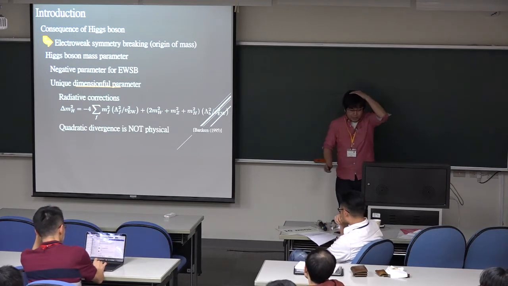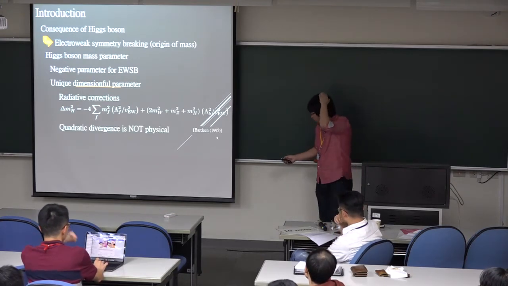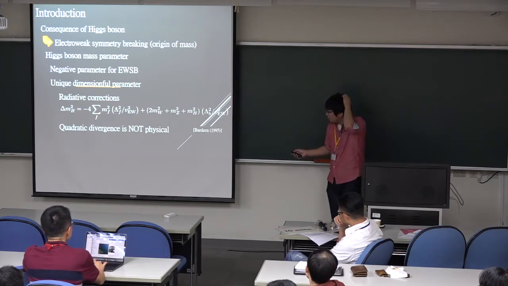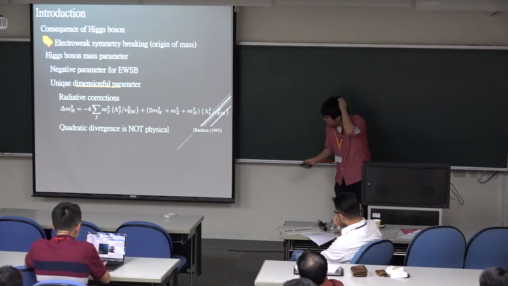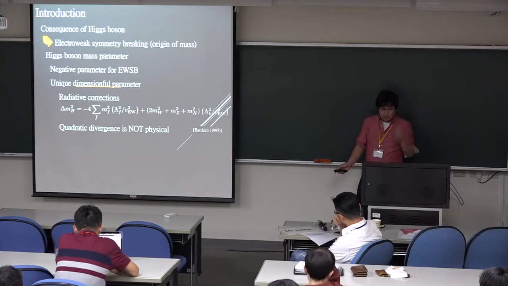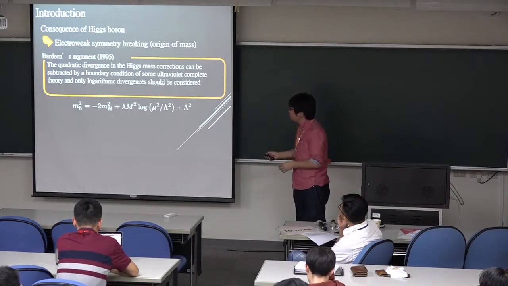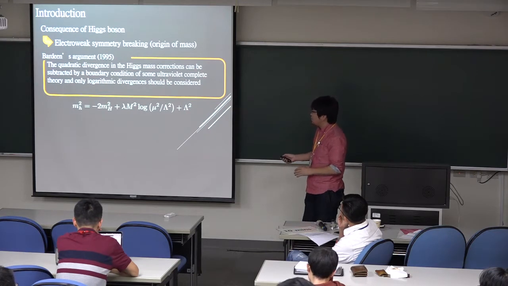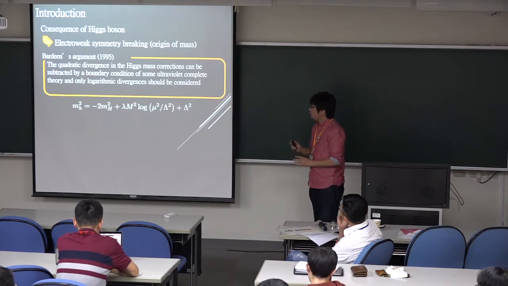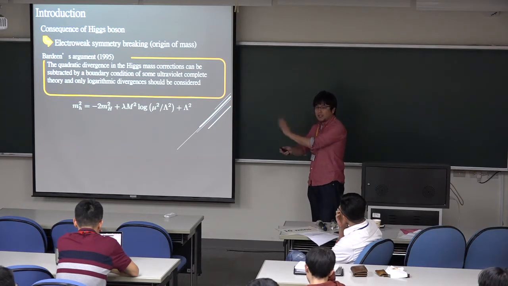But there's one argument started by Bardeen in 1995 that this kind of quadratic divergence is not physical, because it shows that the quadratic divergence itself can be subtracted by taking some boundary condition at the UV scale.